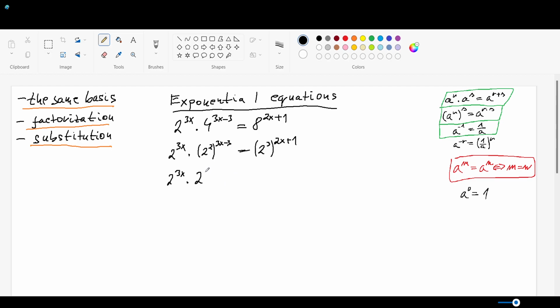So this is going to be 2 to the power of 6x minus 6, which is equal to 2 to the power of 6x plus 3.